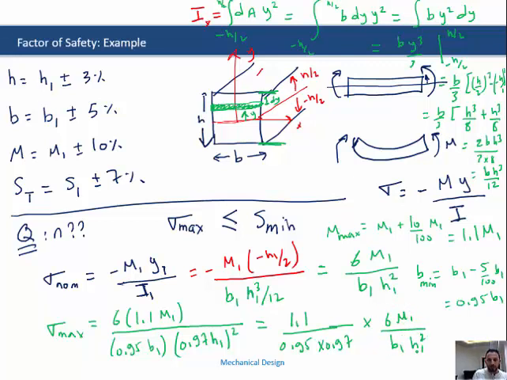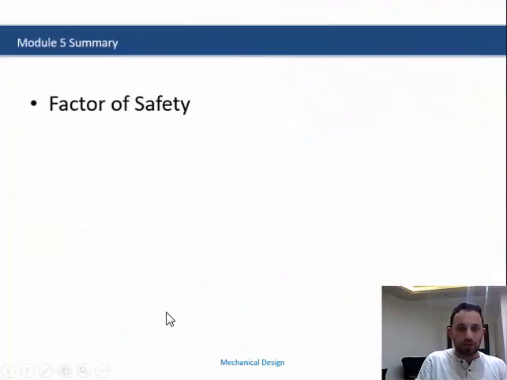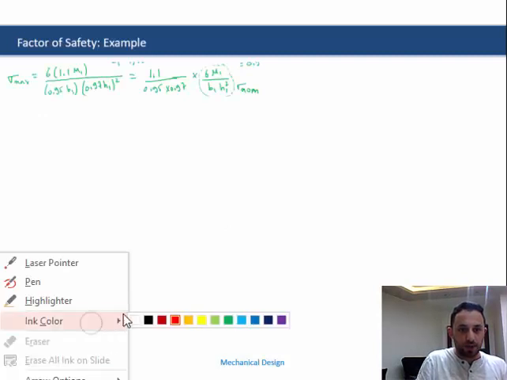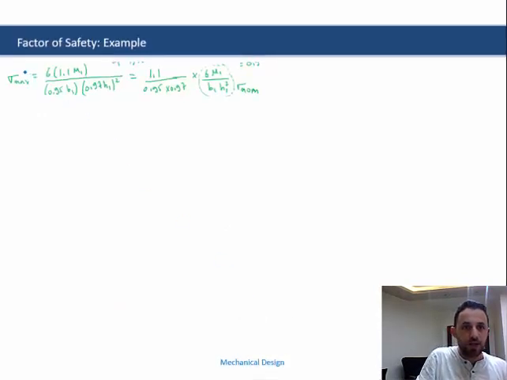And this is the nominal stress, sigma nominal, right? So we determined the sigma max in terms of the sigma nominal. We have this additional parameter due to uncertainties. So we will continue our calculation on another slide. So we end up with sigma max in terms of the sigma nominal.